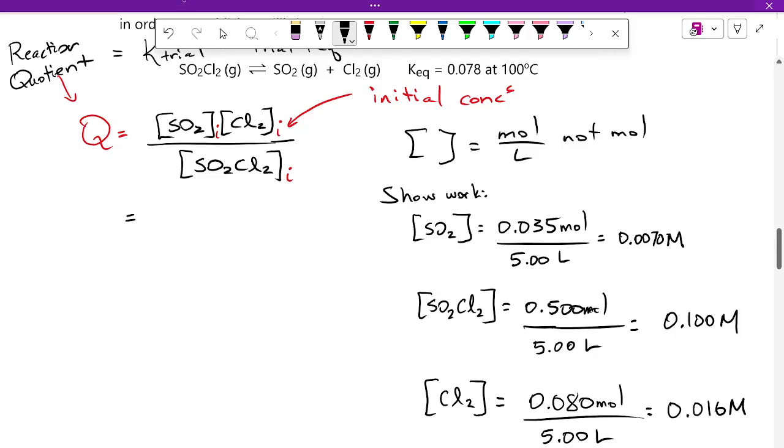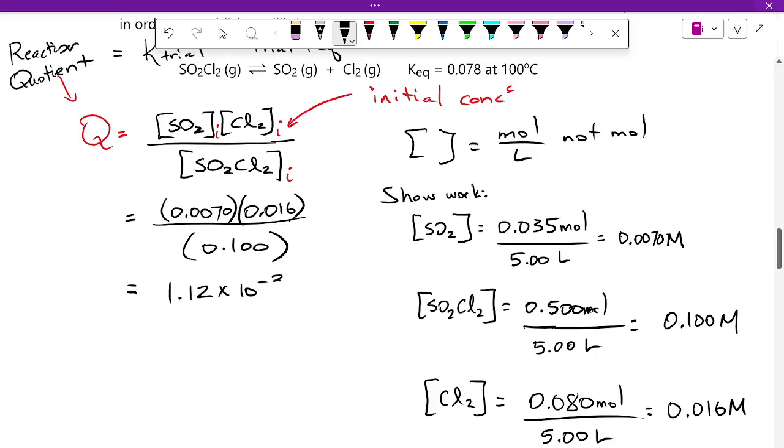All right. Now we can plug those numbers in. What do we do with that number once we have it?